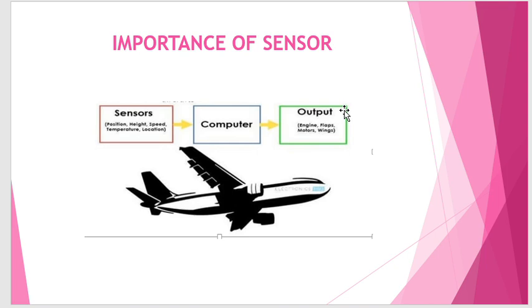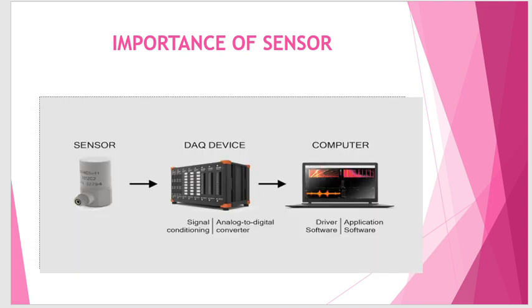Let us concentrate on some other application. Consider data science. We can observe a data acquisition device. The input of the data acquisition device will be the sensor, so you will be receiving the input with the help of the sensor.